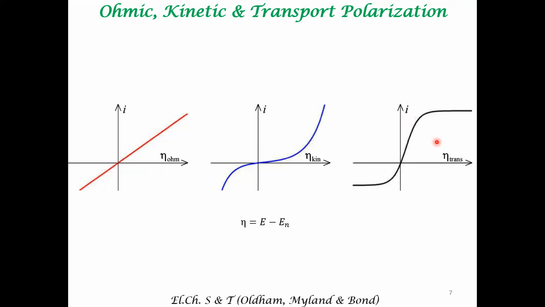Phenomenologically, what is measured in an electrochemical experiment is I in response to variation of potential. To understand I versus V behavior, we have elaborated three polarization mechanisms, and when all three are put together, all aspects of I versus V behavior can be understood.